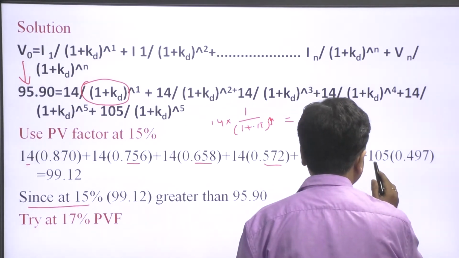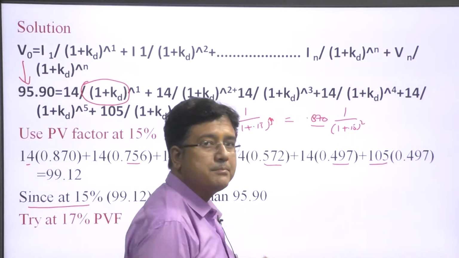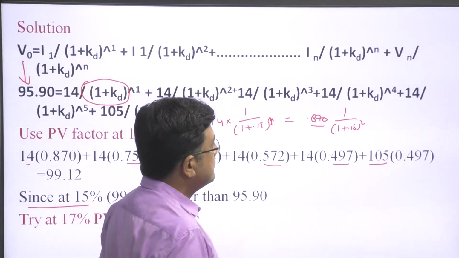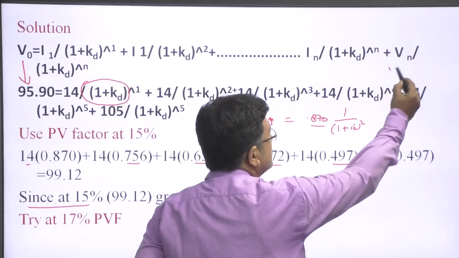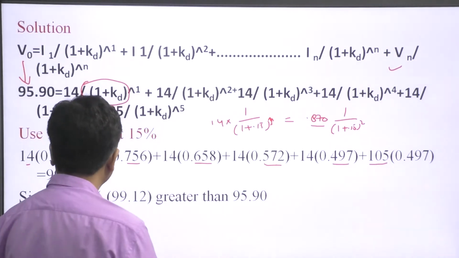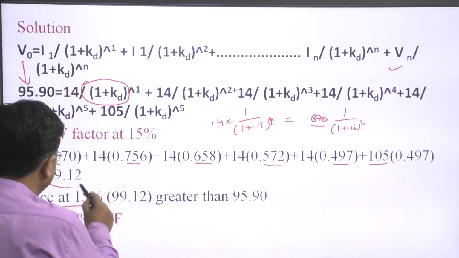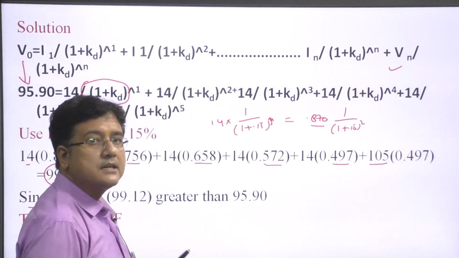We also want to know the value of 105 after the 5th year at the rate of 15%, so we multiply 105 by 0.497. After the whole calculation, we receive this answer, 99.12.